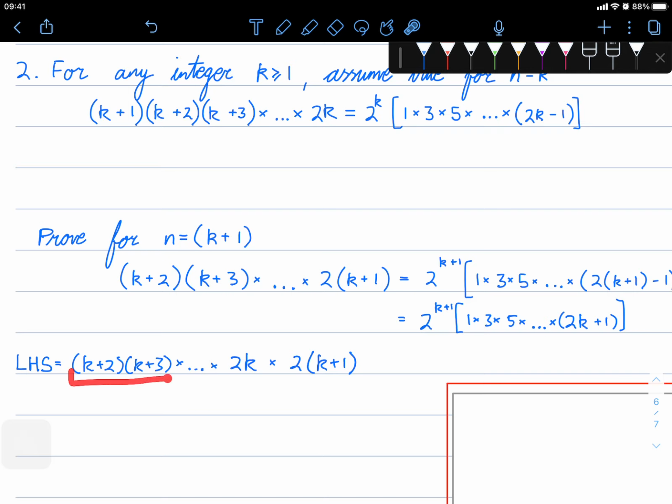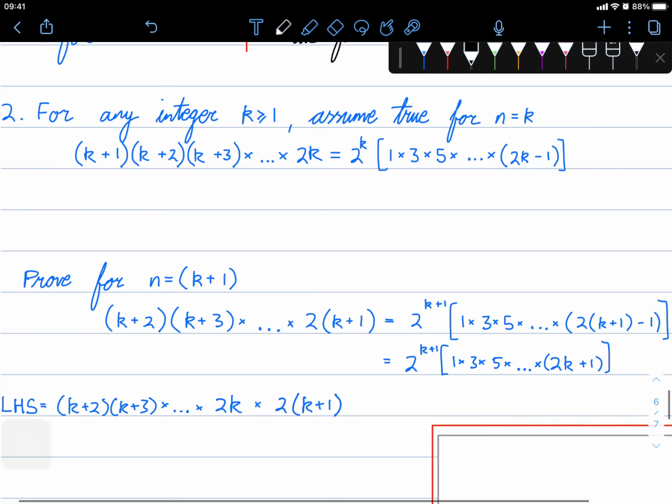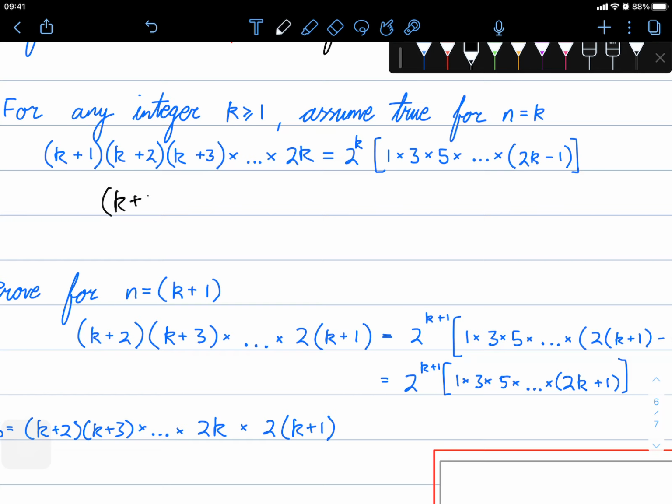We can't substitute it because this expression begins on k plus 2, whereas this begins on k plus 1. So we can't do a direct substitution of this equaling this and substituting it here. However, since we're assuming this statement to be true, we can manipulate it a little bit to become this: k plus 2, k plus 3 times dot dot dot 2k. It's going to be the exact same thing.